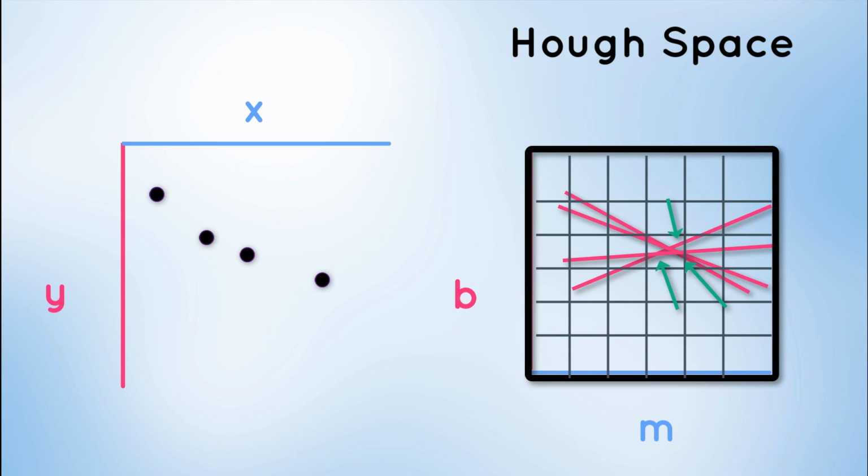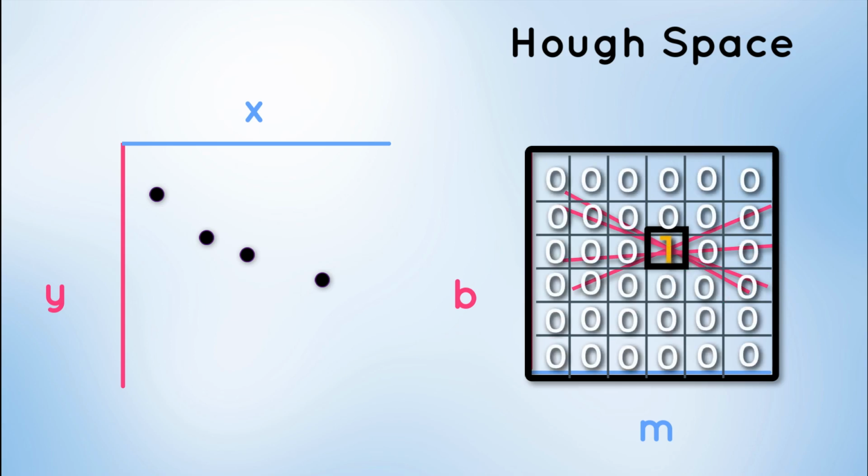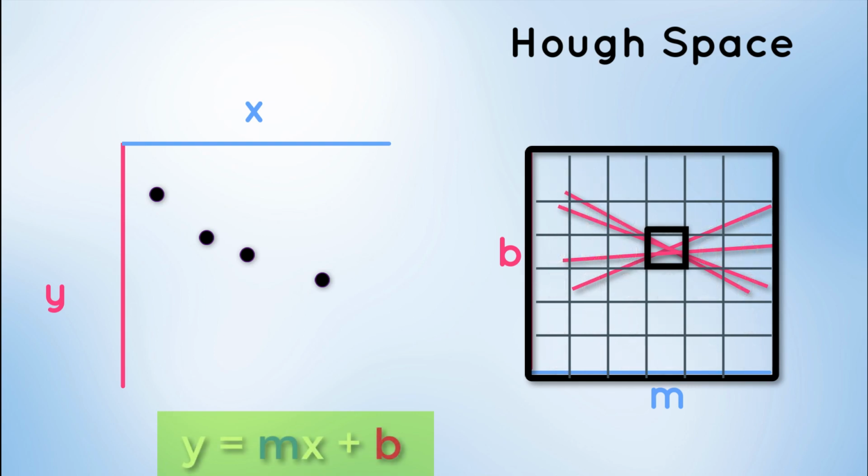Well, all of these points of intersection are inside of a single bin. For every point of intersection, we're going to cast a vote inside of the bin that it belongs to. The bin with the maximum number of votes, that's going to be your line. Whatever M and B value that this bin belongs to, that's the line that we're going to draw since it was voted as the line of best fit in describing our data.